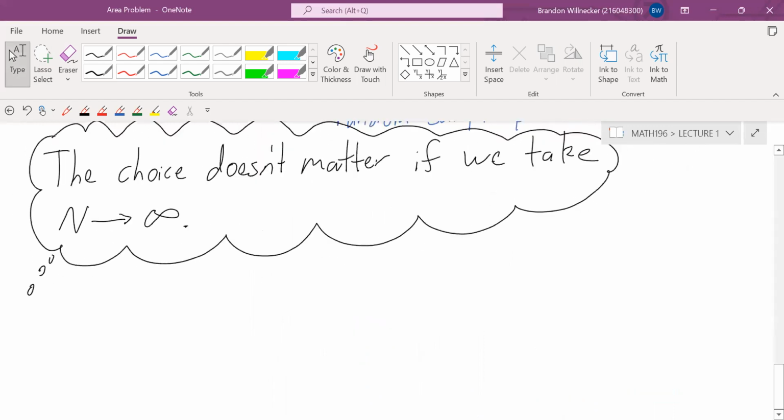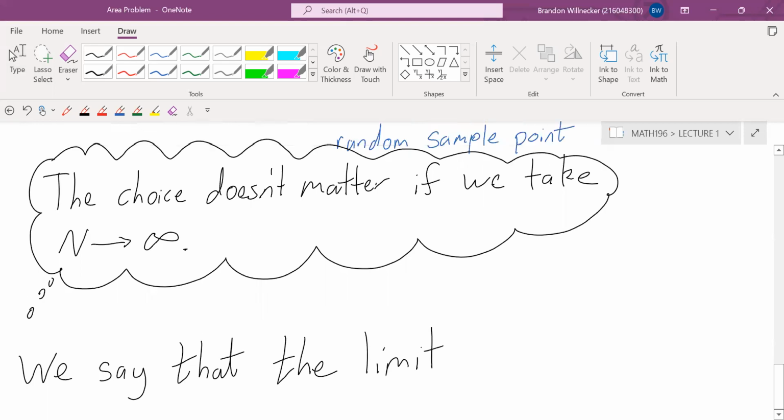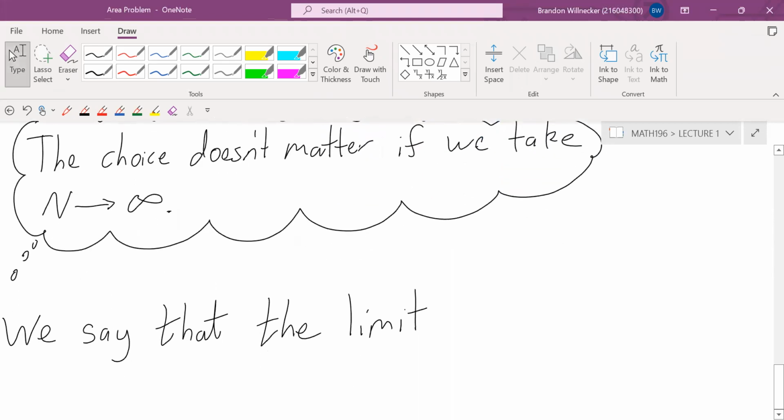But in fact, we flip this around. So we say that the limit, because remember, we want to take n to infinity, so we're going to have to take a limit at some point.